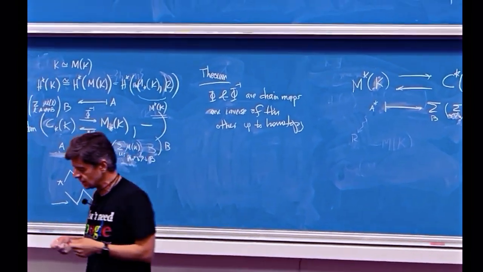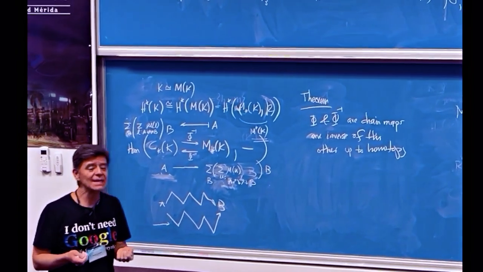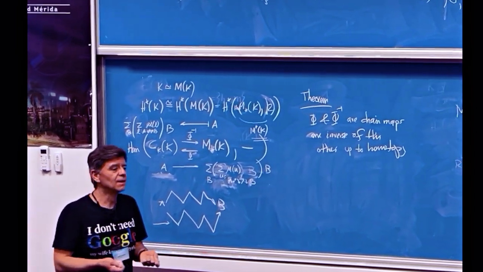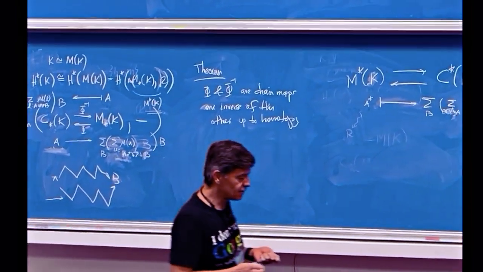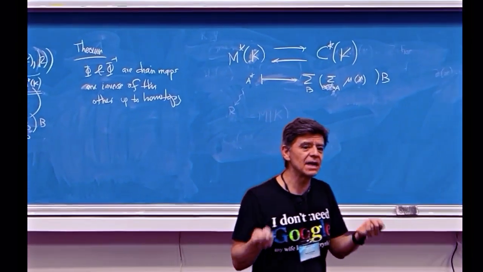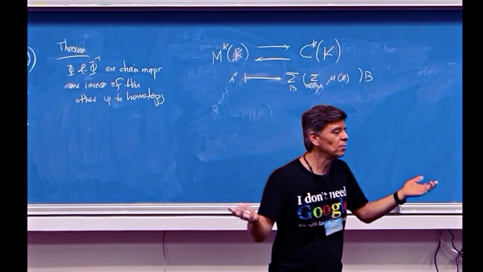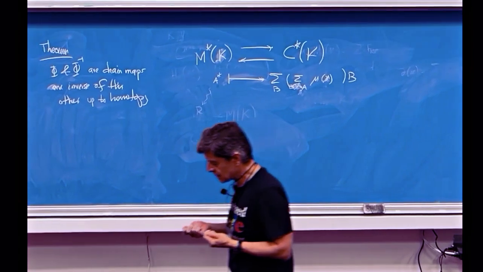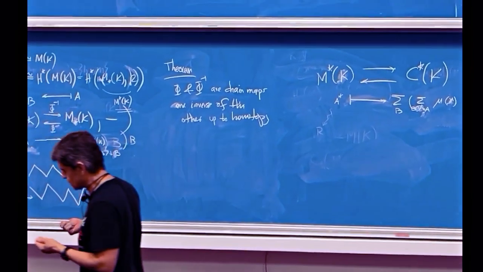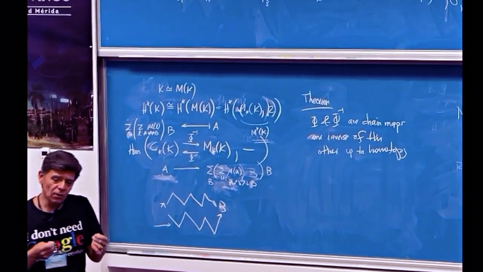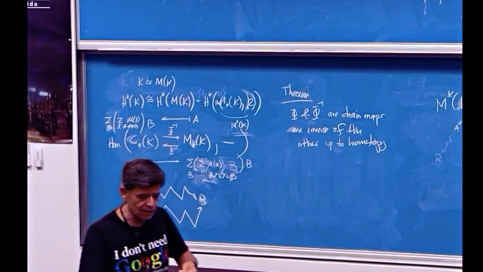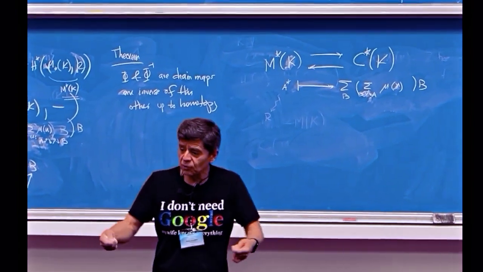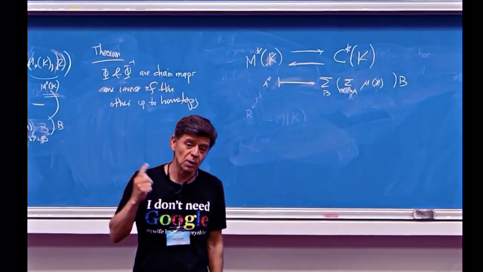And the advantage of this, if you're familiar with cup products, is that cup products are defined really at the level of chains. Really, you can multiply chains. And if it is simplicial, there is a very simple, very naive formula that Steenrod took up long ago. And it tells you how to multiply chains, cochains in this case, the dual of chains. The problem with that is, okay, if you multiply two cocycles, the product is going to be a cocycle. But if you change these cocycles up to a boundary, the product will also change, but up to a boundary.